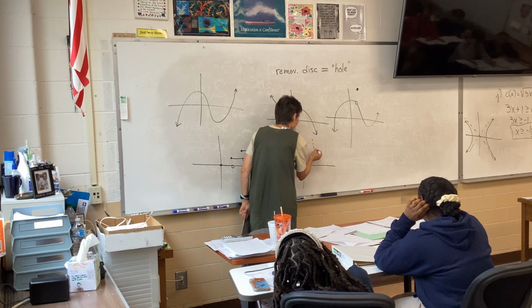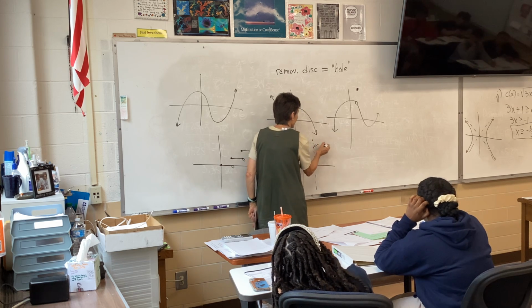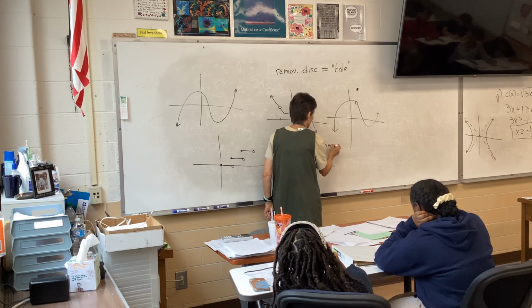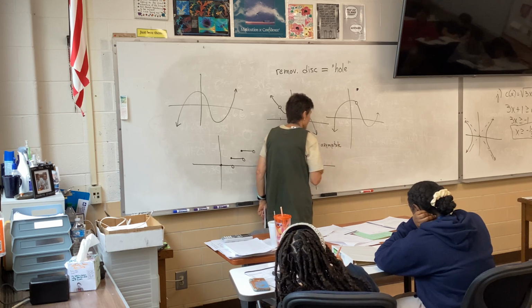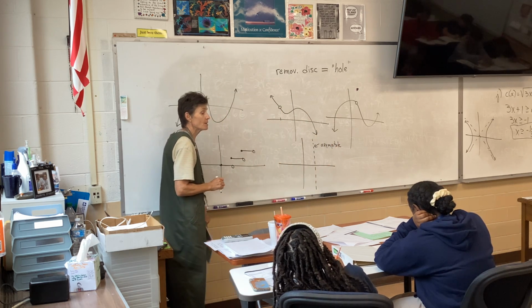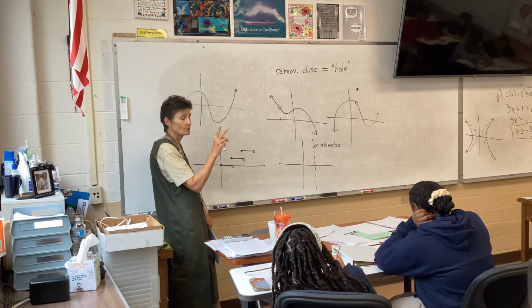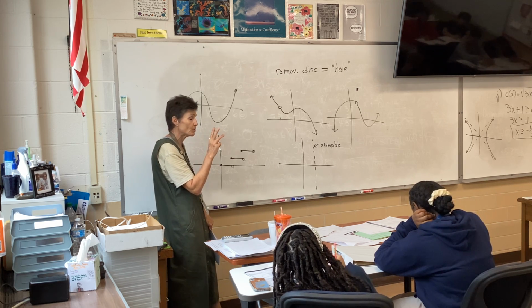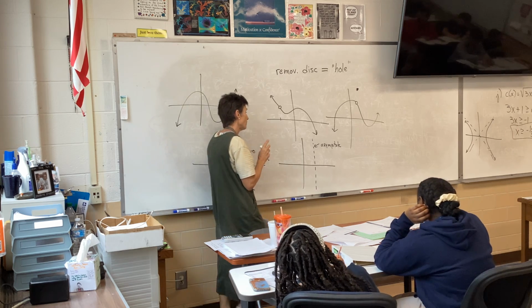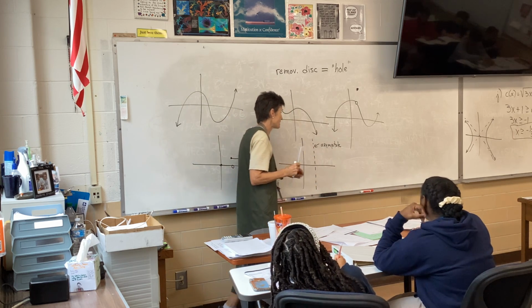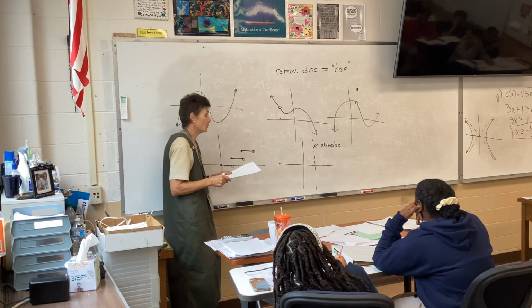And it is graphed as an asymptote. So asymptotes are non-removable or infinite. Know both of those words, I don't care which one you use. But a non-removable or infinite discontinuity is an asymptote.